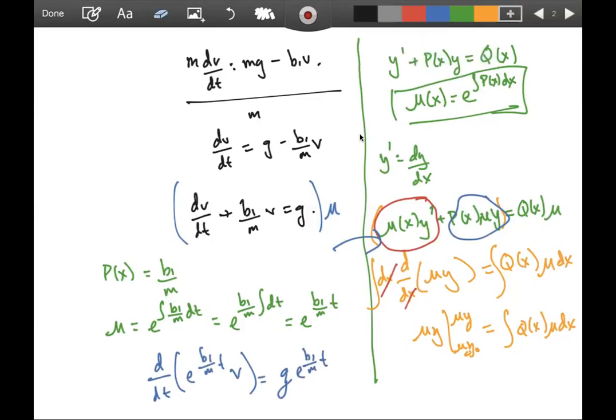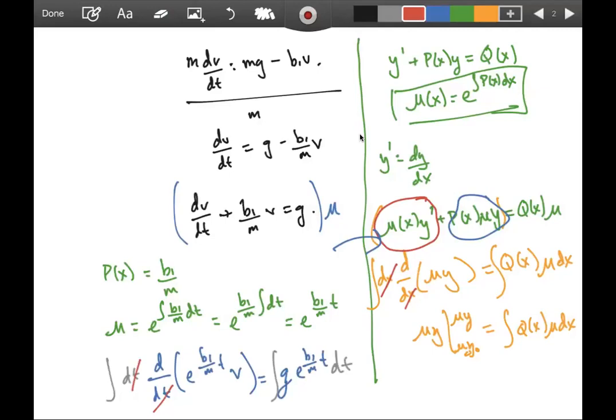I integrate both sides with respect to t, where on the left-hand side the derivative and integral cancel, which means I integrate from the initial conditions, t equal to 0 and v0. If t is equal to 0, then b1 over m times t is 0, which gives 1 times v0.